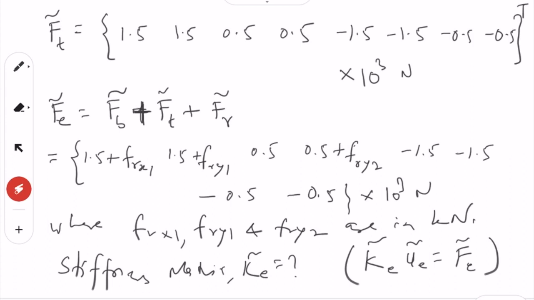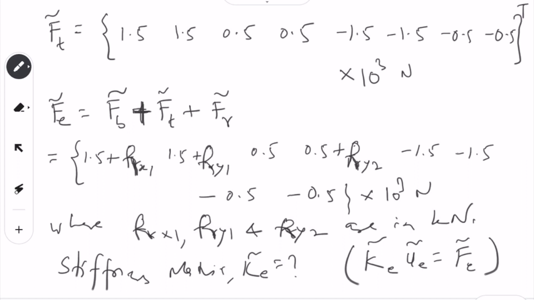I think we used R here for reaction, not F, so let us write it like that: R x1, R y1, then R y2 and so on, where these values R x1, R y1 and R y2 are in kilonewton.